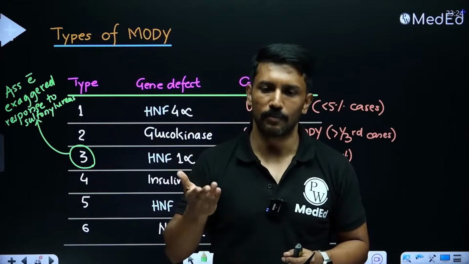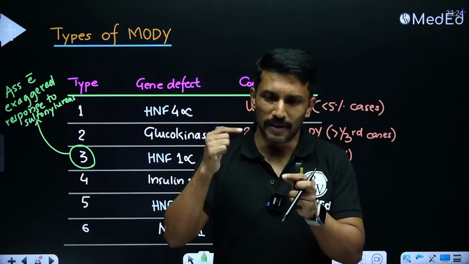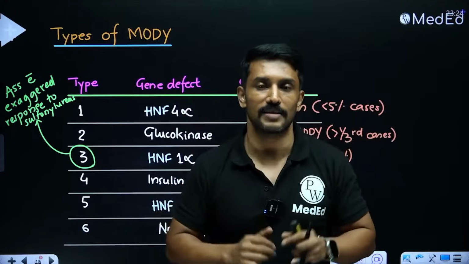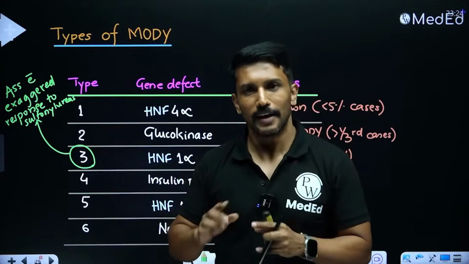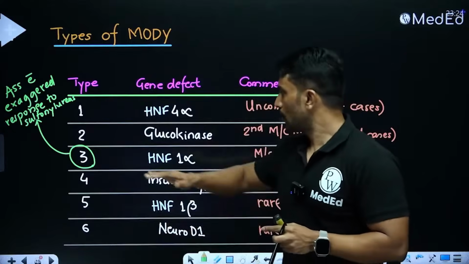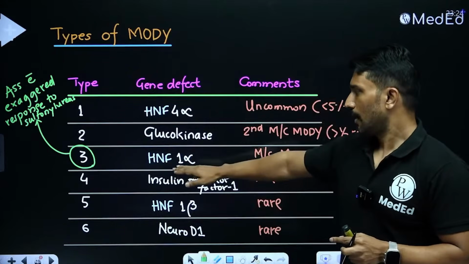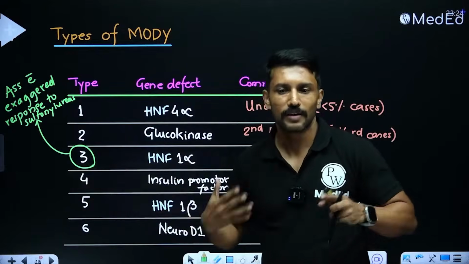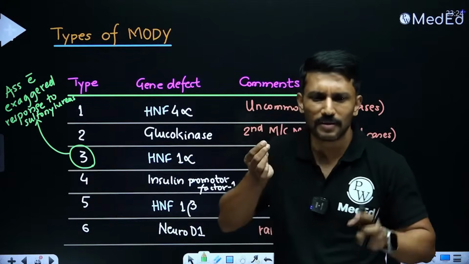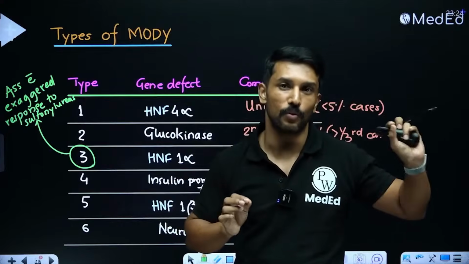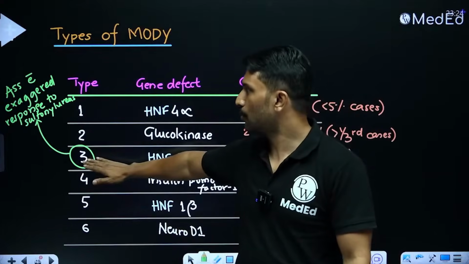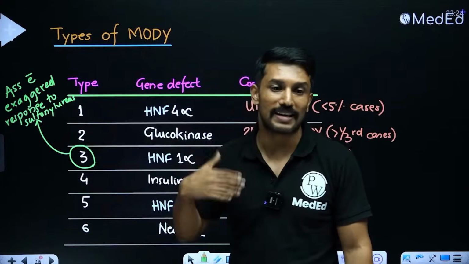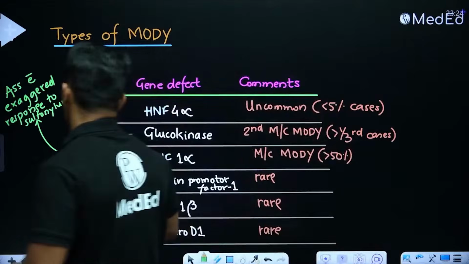From 250, it may come to 220, 200, and I keep escalating the dose till I get the desired control. But if I start the same dose in an HNF1 alpha mutation, that is MODY type 3, I may end up with hypoglycemia. The dose which is unlikely to cause hypoglycemia in a regular type 2 may induce hypoglycemia here. That's what I mean when I say exaggerated response to sulfonylureas.